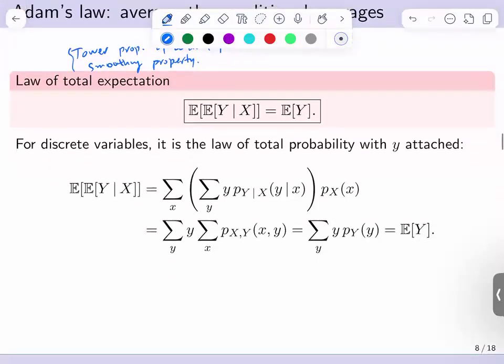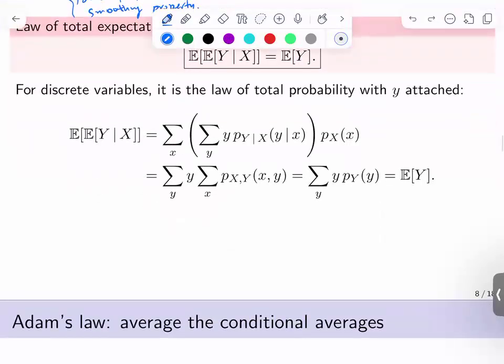So what it says is that if I take an expectation of a conditional expectation, it gives me the expectation of the original random variable. So in order to prove it, again, look at this. This is like a function of x. So if I want to compute the expectation, it's similar to what we did. So this is like that function. Let's say this is m of x. And I'm going to multiply it by p x of x and sum over x.